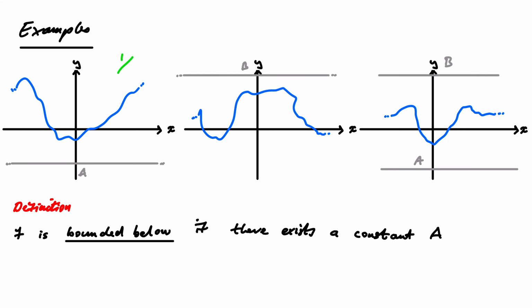Now what's the property? If I take any position here, this would be the point (x, f of x), where f of x is the y coordinate. We can see that f of x has to be, the way I've drawn it, strictly greater than a, because it's above it on the y-axis. So let's do this precisely: if there exists an a such that a is strictly less than f of x.